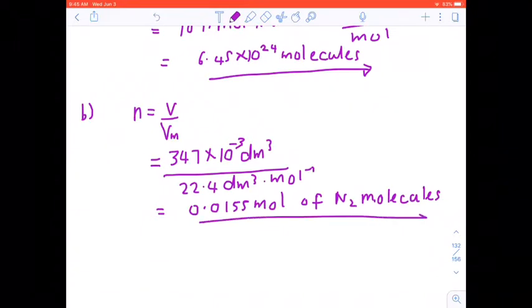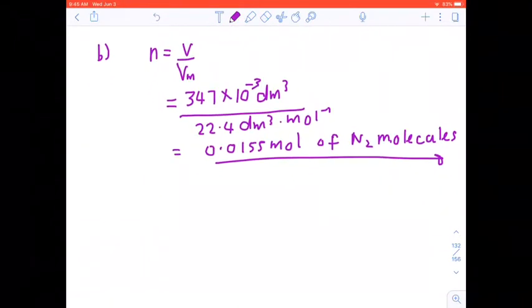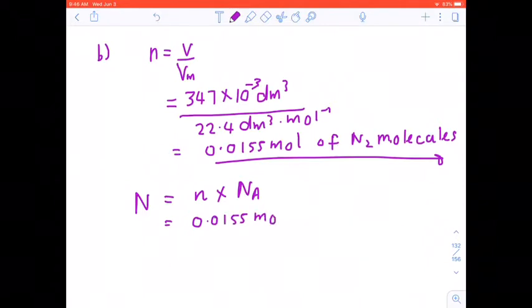If we want to know the amount of molecules, that is equal to n times Na, which is 0.0155 moles times 6.02 times 10 to the 23 molecules per mole.